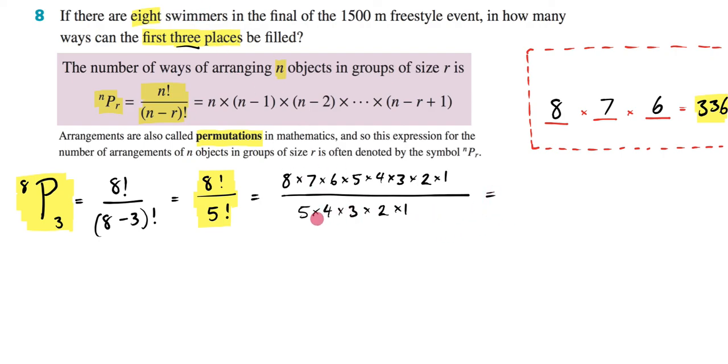Well, hopefully you can see that this will cancel out with that, and I'm going to be left behind with 8 times 7 times 6, which gives me 336. And that is exactly what we found up here. So as you can see, all these different strategies are the same strategy. It's just, there's lots of ways to do something in maths, which makes maths beautiful. Hopefully this was helpful to you in answering question 8 of exercise 10b.